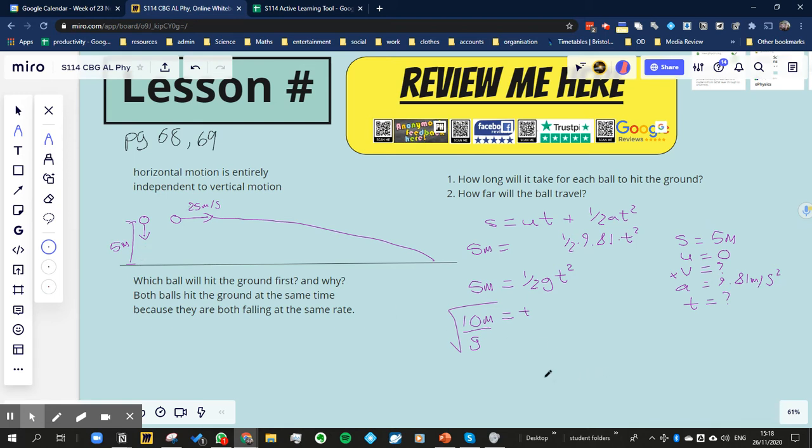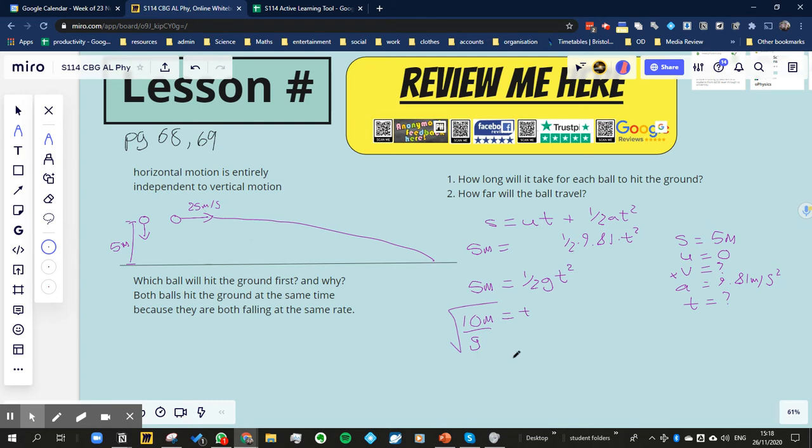Because horizontal motion is entirely independent of vertical motion, it's going to travel a certain distance in the same period of time, because by the time it's fallen, it's going to be traveling at 25 meters per second.